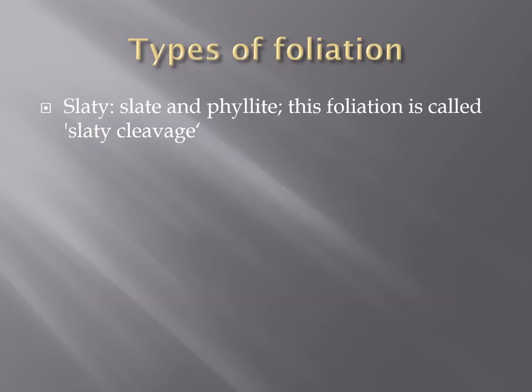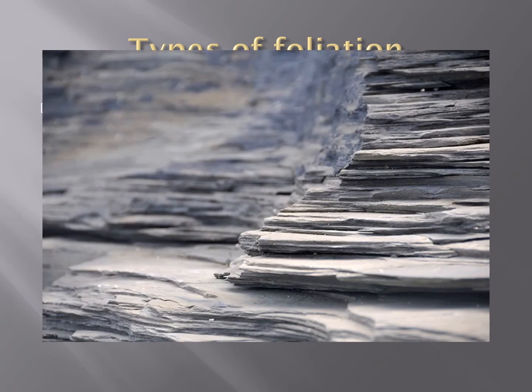Some types of foliation that we would observe in metamorphic rocks include slaty foliation, also called slaty cleavage. This is seen in slate and phyllites. It's quite similar to the mica's one direction of cleavage that we saw in minerals.